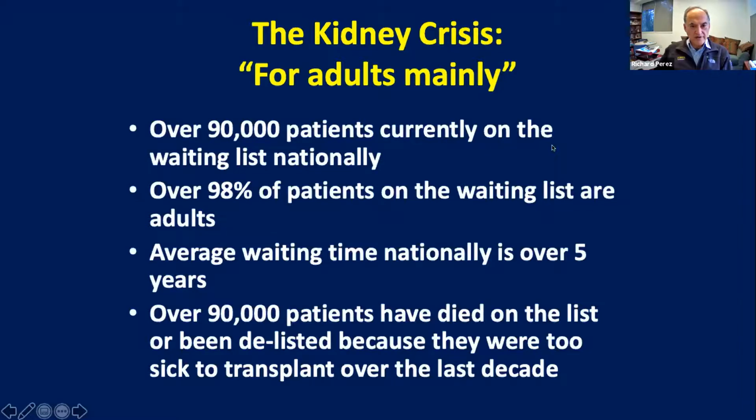First of all, there is a crisis in our country with over 100,000 patients on the waiting list, but 90,000 of those are on the kidney list, with 98% of them being adults. The average waiting time is over 5 years, and over the past decade, over 90,000 patients have died before they could get transplanted or they were delisted because they were too sick.